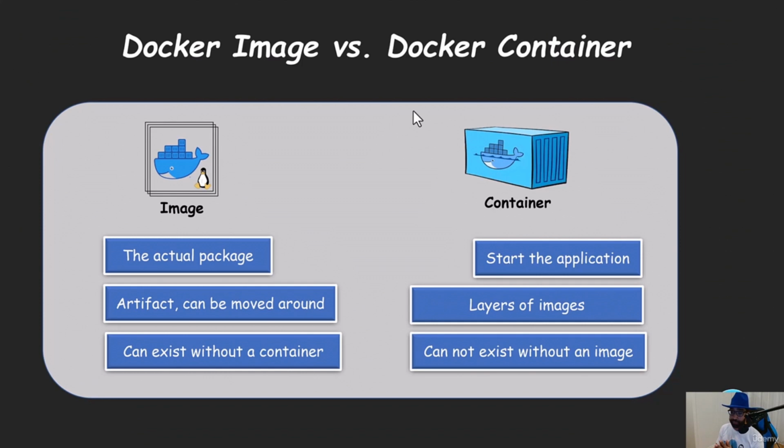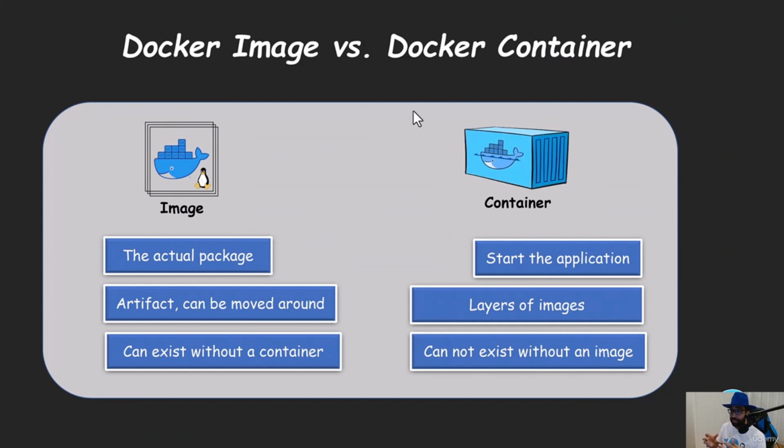So a Docker image is basically the actual package. Think of a Linux image like an Alpine or an Ubuntu image. It has the actual package in it. And think about an Apache or MySQL image. It contains the actual application in it.